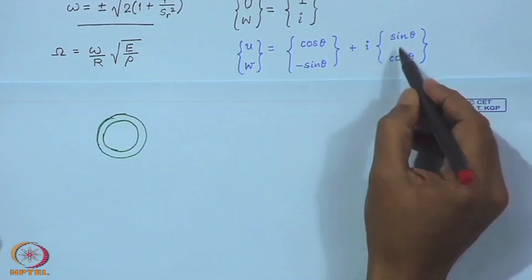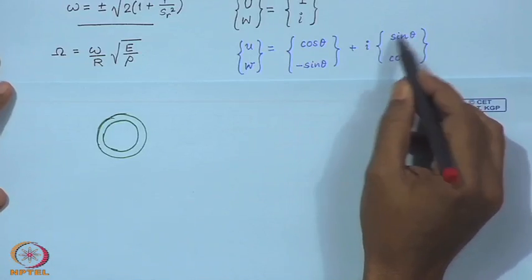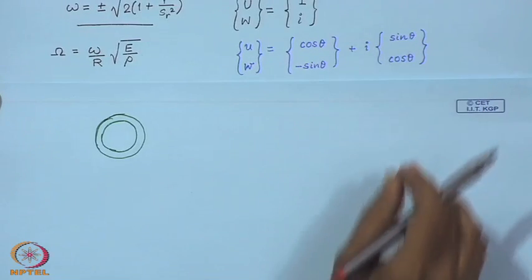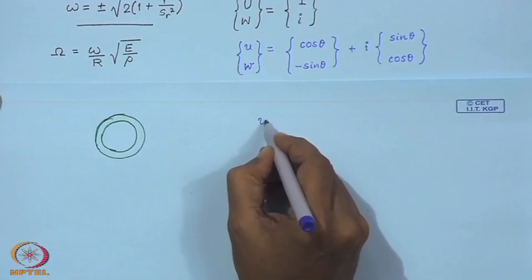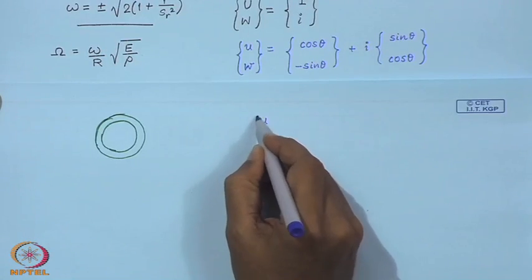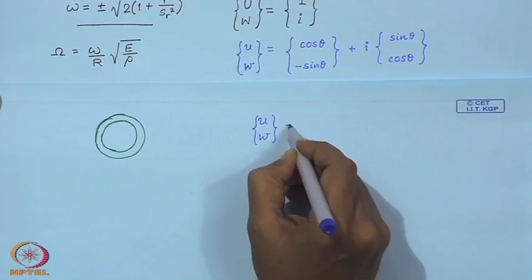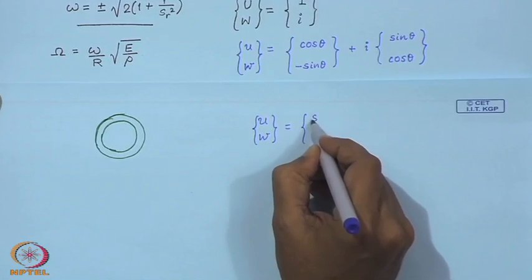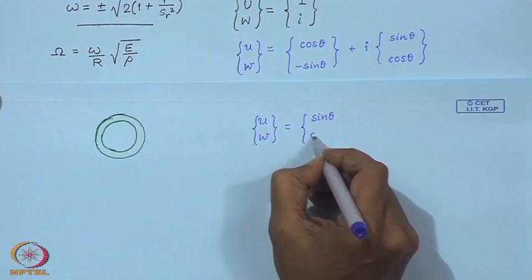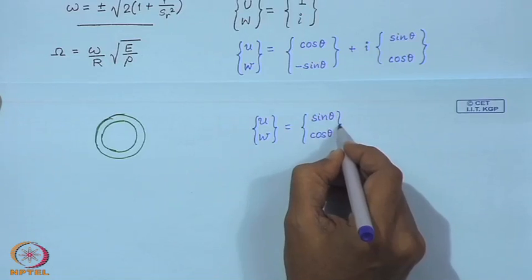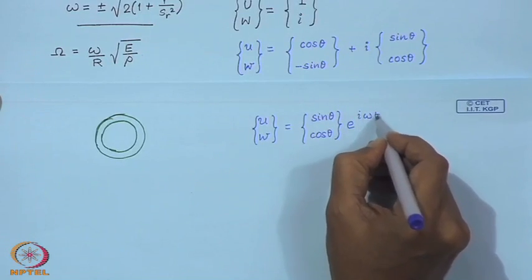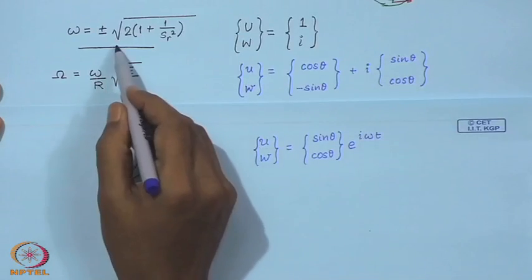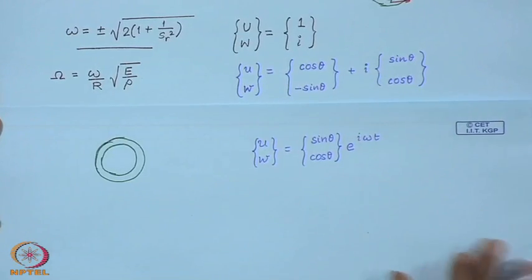So, if you consider this imaginary part of the solution as the eigen function, the motion can be written as, where omega is of course given by this eigen frequency, circular eigen frequency.